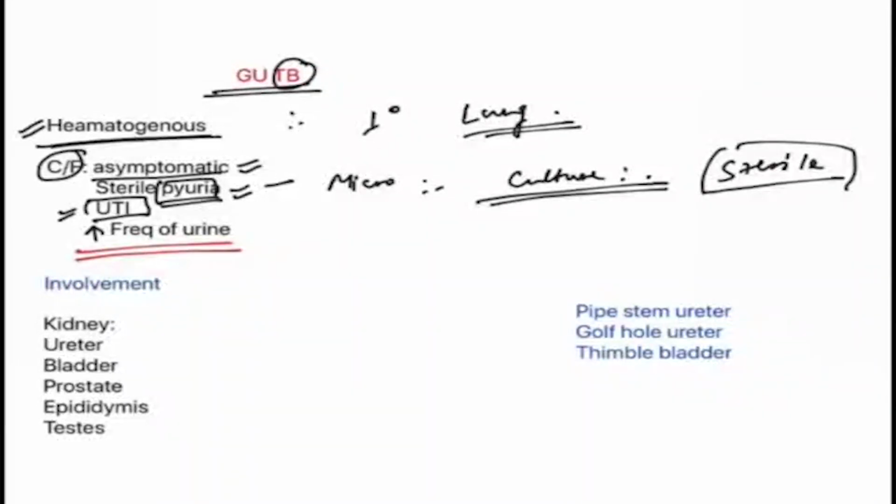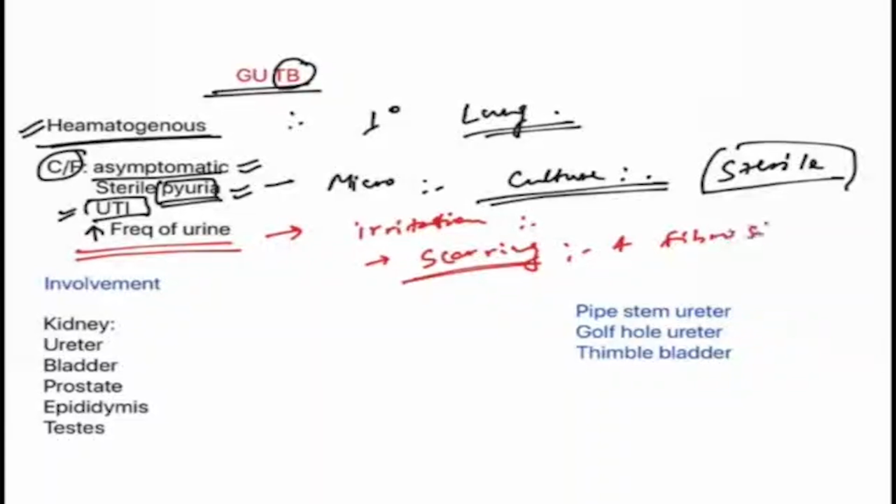Sometimes the most common presentation is increased frequency of urine. This is because of irritation of bladder and ureter and also because of scarring, which is the most common method by which the tubercular infection heals.